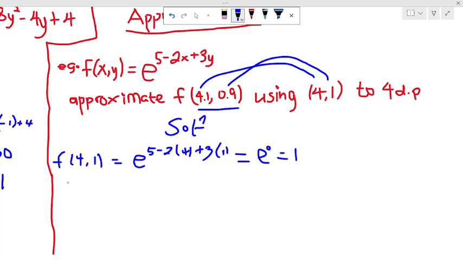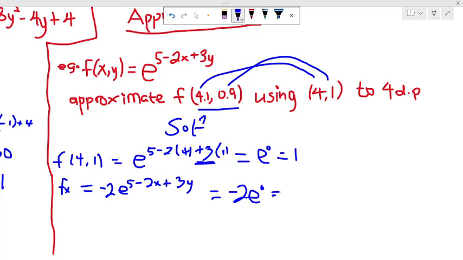Now we have to evaluate the partial derivative of f with respect to x. Differentiating the function with respect to x ends up giving us negative 2 times e to the power 5 minus 2x plus 3y. Now evaluating this, by substituting in the point, we end up getting negative 2 multiplying e to the power 0, similar to the top one.